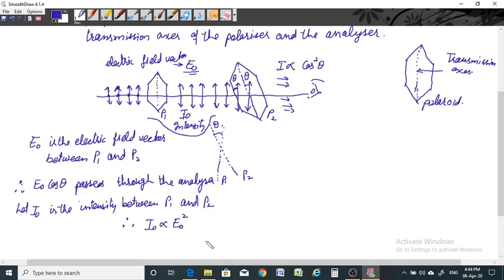After passing through P2, let I be the intensity.